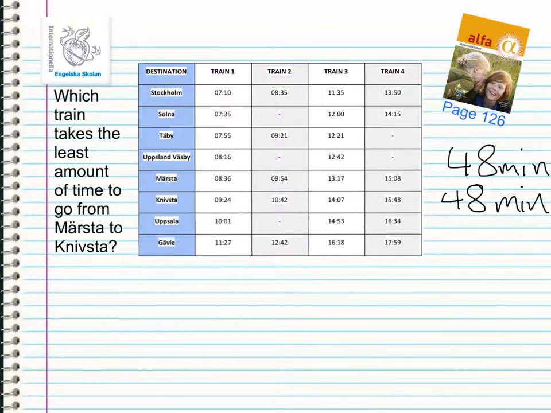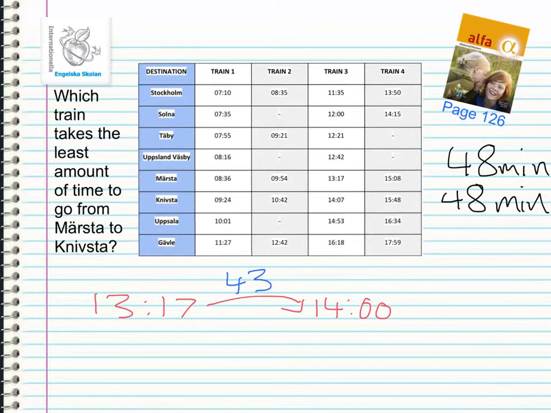The third train leaves at 1:17 or 13:17. So if it leaves at 13:17, we'll go up to the next hour, which is 14 o'clock. And that will take a total of 43 minutes.